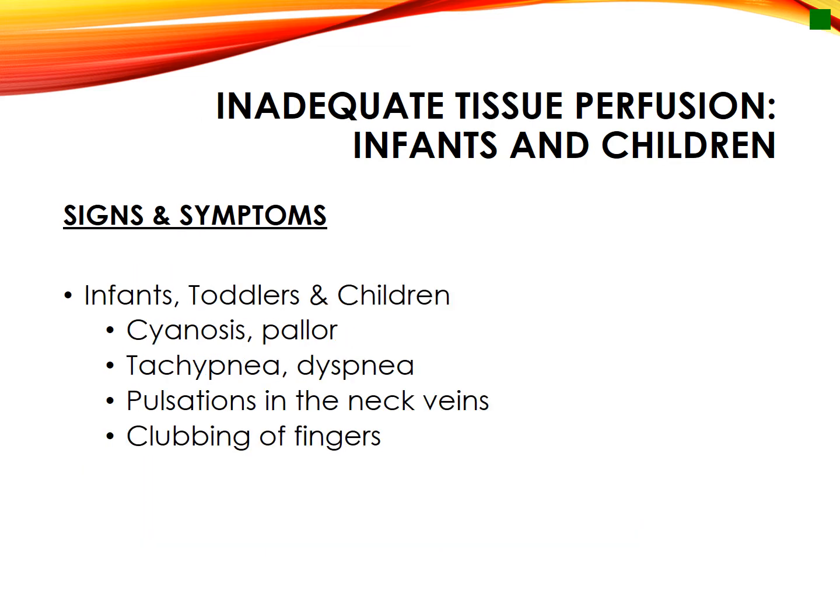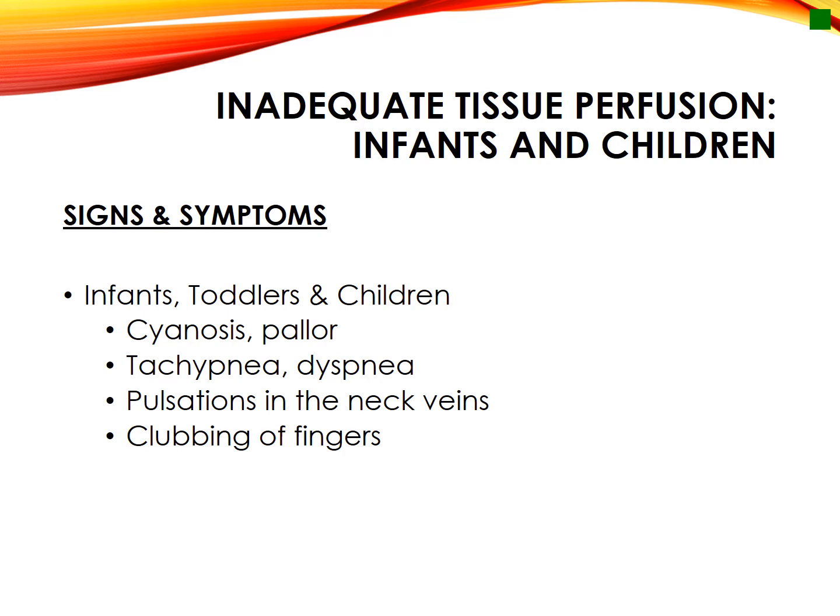Some more signs and symptoms that they also might have. Hopefully these ones would get them into the doctor sooner. Is that cyanosis? So remember, cyan is that blue color. Their pallor might be really pale or a dusky, grayish kind of color. They might be breathing really fast or have difficulty breathing because, again, they're having decreased O2 from the inability to perfuse appropriately.